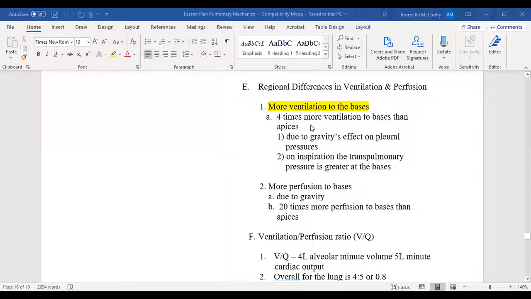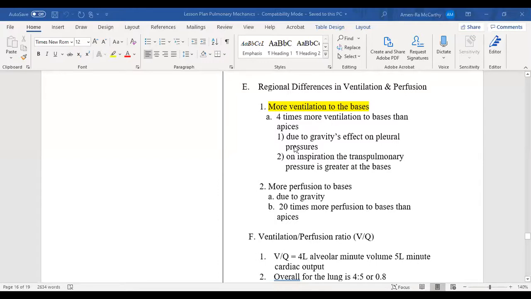What they're saying is you get more ventilation, more gas exchange happens at the base of the lungs than at the apices. Well, how much more, Mr. McCarthy? Well, I'm about to show you. 4 times more ventilation to the bases than the apices. There's 4 times more ventilation going on at the base of the lung than at the apices.